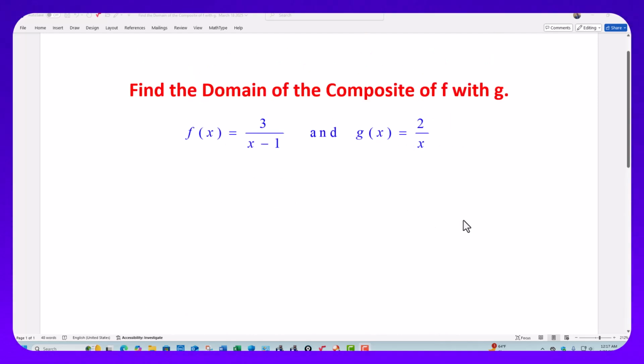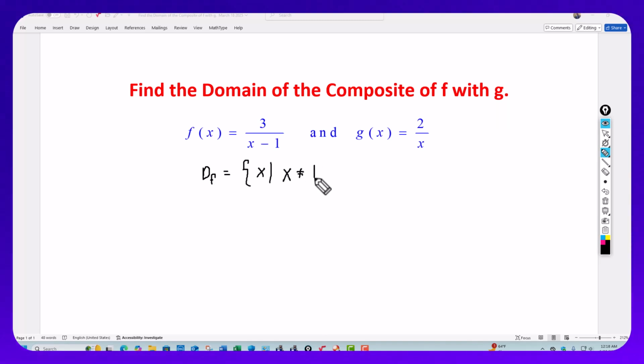So we go back up here then. We can say the domain of f is a set of all numbers x such that x is not equal to 1. That's what you would give if they asked you for the domain of f.